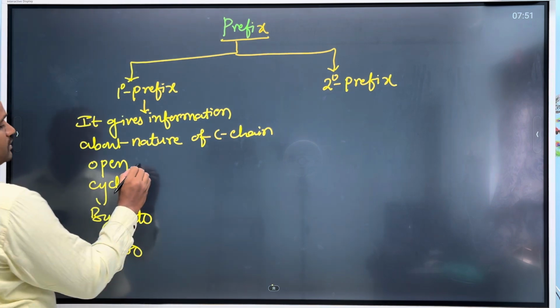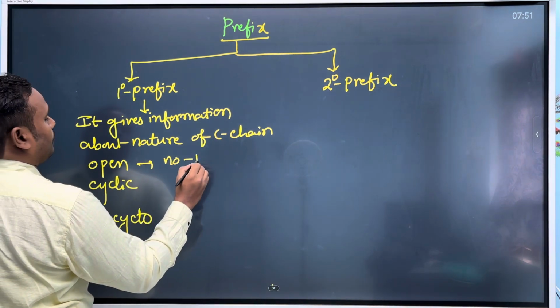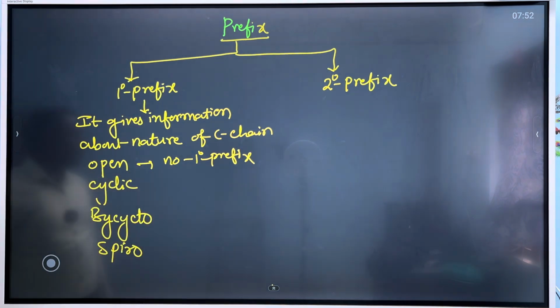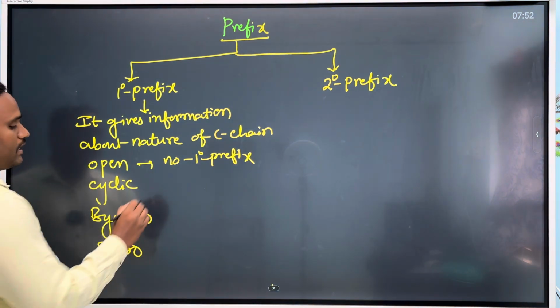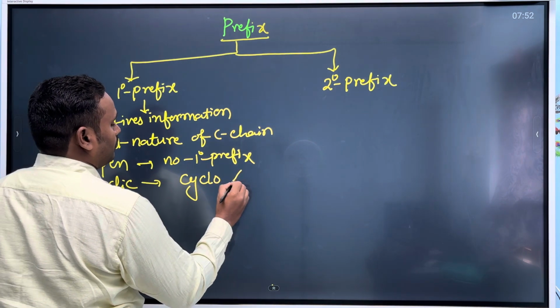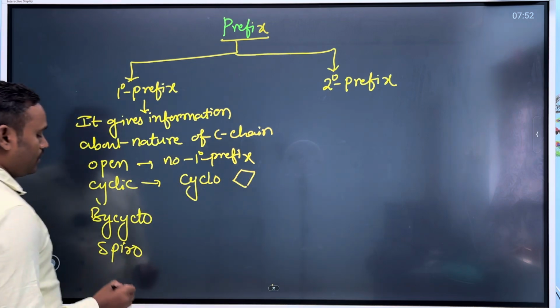Okay, so for open chain, no primary prefix. For open chain compounds we are not going to use any primary prefix. For cyclic compounds we use cyclo. Closed chains are called cyclo.